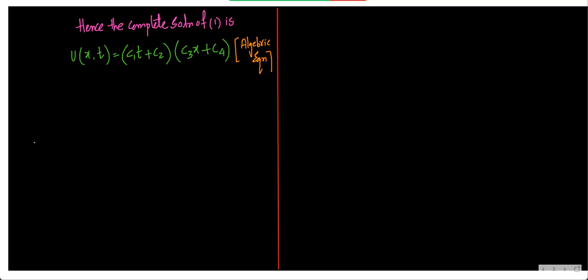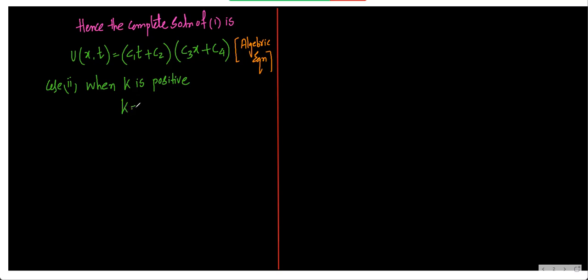Next, continuing, assuming case 2. What is the case 2 we have to take? K is positive or negative, any one of the cases. I am taking positive here first. When K is positive, let us assume that K is equal to some positive value.